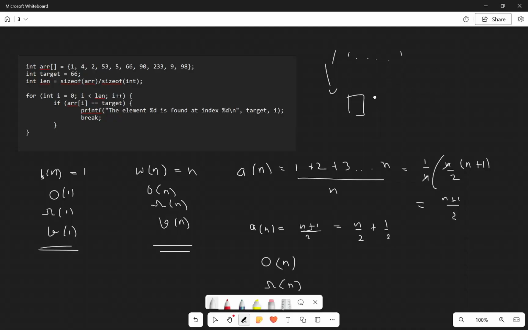So let's say I have a sorting algorithm that sorts the input array in ascending order. The best case is that the elements are already sorted in ascending order: 2, 3, and 4. The worst case is that they are ordered in descending order. So it actually depends on the algorithm.